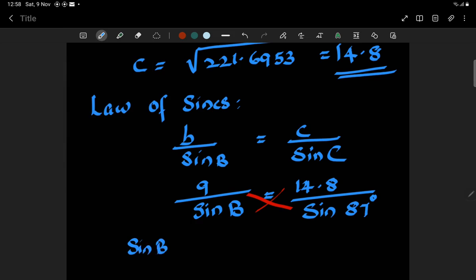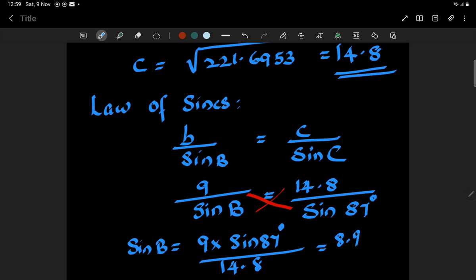That is how we can find sine B. Sine B is equal to 9 multiplied by sine 87 degrees divided by 14.8. First find that value: 9 multiplied by sine 87 gives 8.9877, divided by 14.8.